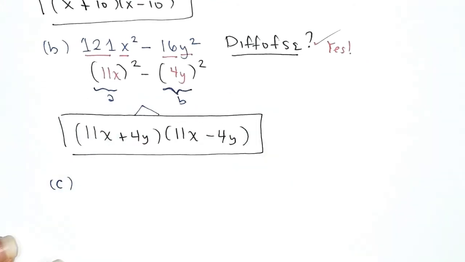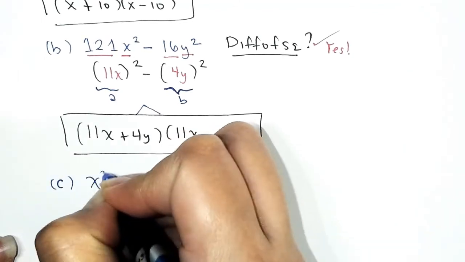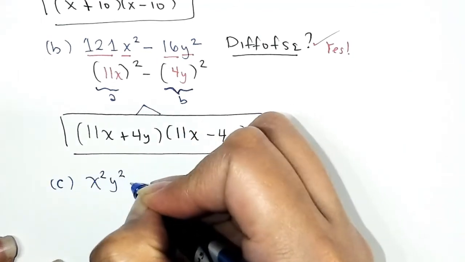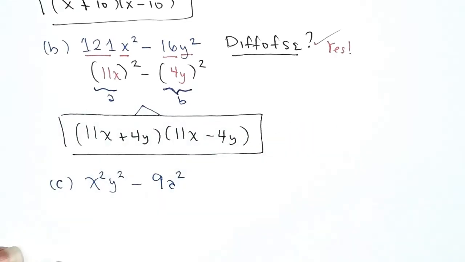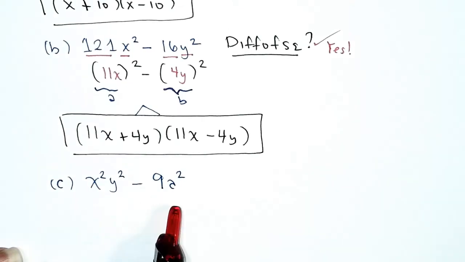Problem C, where am I? We have x squared minus 9a squared. Okay, x squared minus 9a squared. Prerequisite step, it's always going to be the same speech. Do we have a common factor to yank out? The answer is no. How many terms do we have? 2.